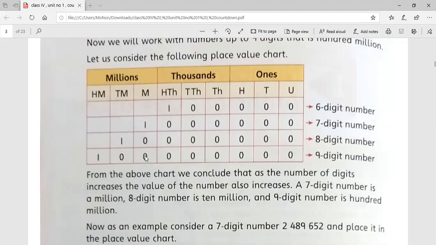In 100 million, we have a 9-digit number. And how many zeros are there on the right side? There are 8 zeros. We can count it in our book: 1, 2, 3, 4, 5, 6, 7, and the last one is 8. The 9th digit shows the place value which we have given, that is 1. So this one is 100 million.